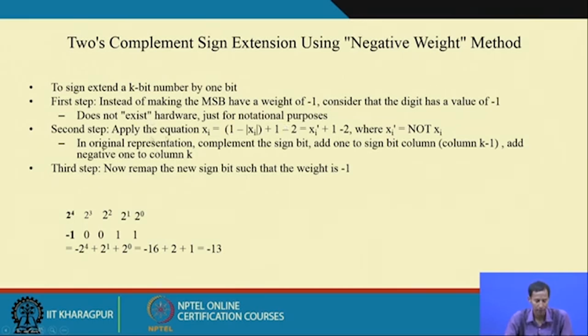Then in the second step apply this equation, where xi dashed represents the inversion of the xi bit. In the original representation, complement the sign bit and add 1 to the sign bit column, and add negative 1 to the column k. In the third step, remap the new sign bit such that the weight is minus 1. So these are the steps involved in extending the sign bit. Okay. We will see this when we consider an example, and at that time it will be much clearer to you.